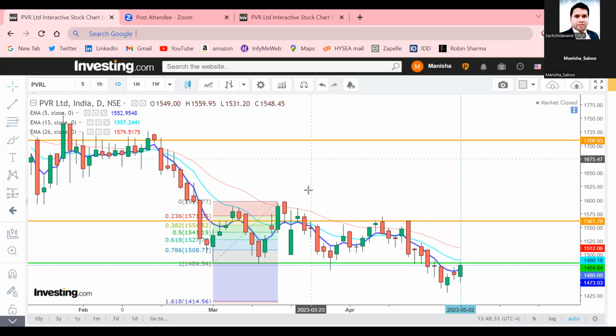So now look, see. If the price is moving up and up, one second. You are in the daily time frame. So what are we looking at with the fib retracement?